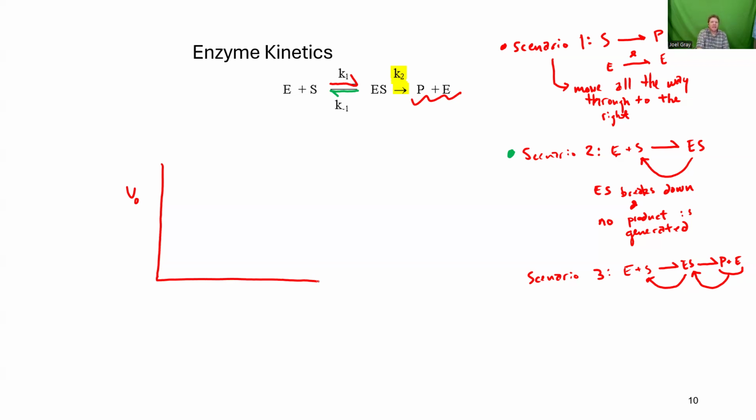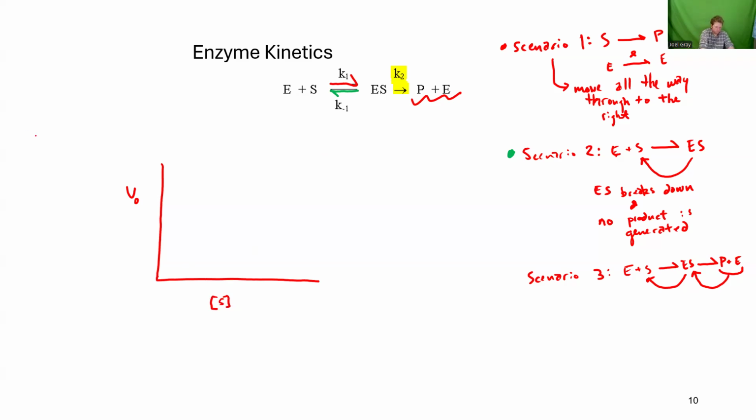Enzymes are kind of the same way, which is why we're most interested in that initial velocity. So that's what we're always going to plot. When looking at an enzyme's overall performance, we want to track it by giving the enzyme different concentrations of the substrate.